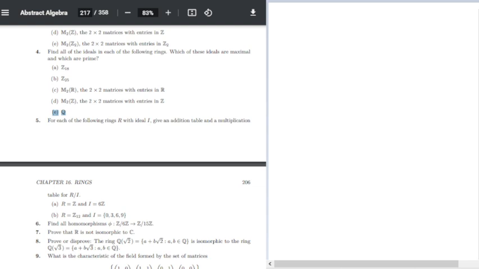It is not sufficient to say that a field is something where that holds, because we saw an example, M2R is not actually a field, but it still holds. That we only have the zero ideal and any ideal. Yeah. Man.